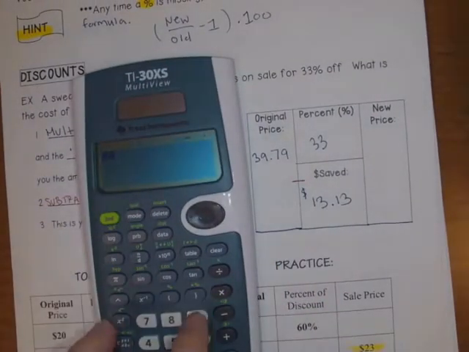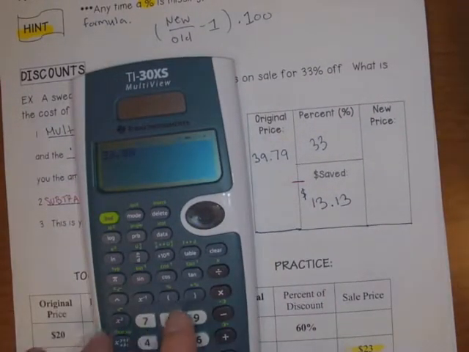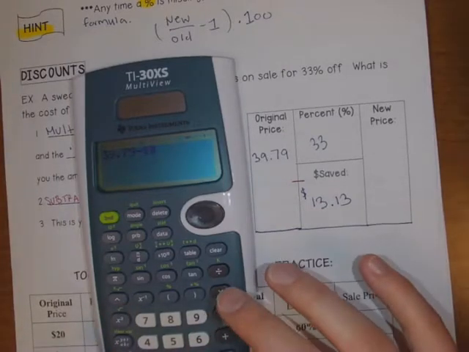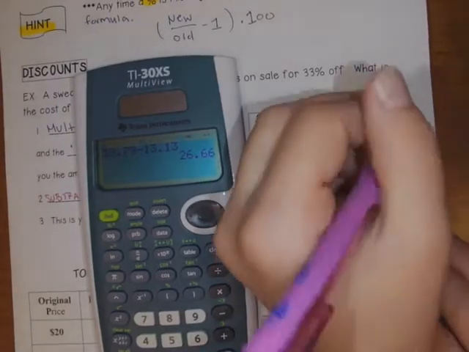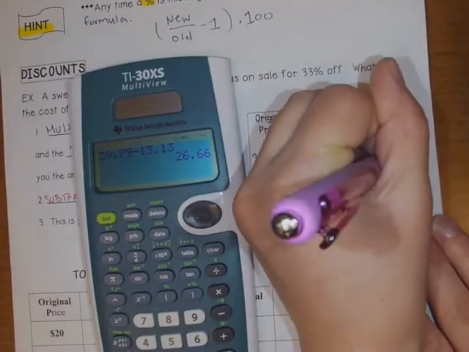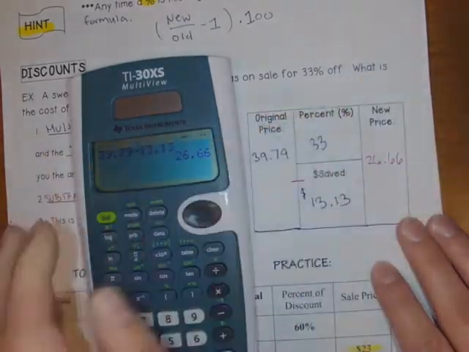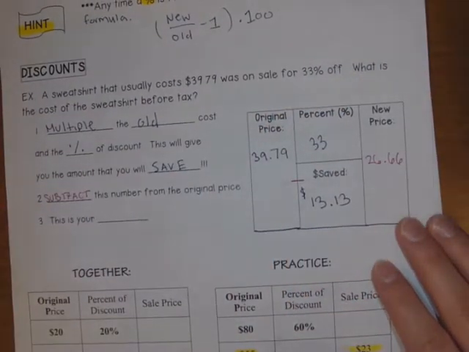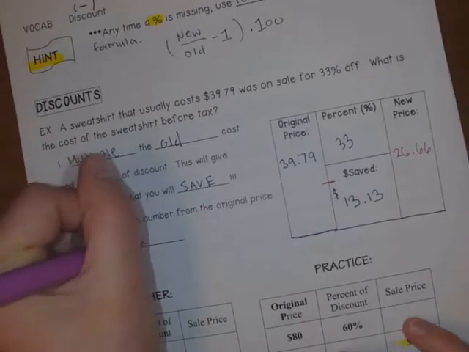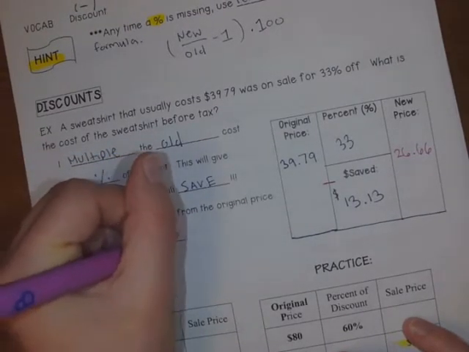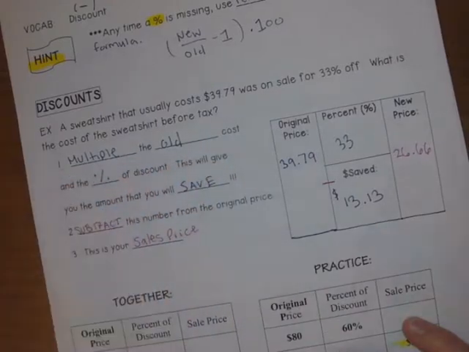So you have 39.79 minus 13.13. And then you get your new price, which is $26.66. Okay, and this is your sales price, or your new or total cost.